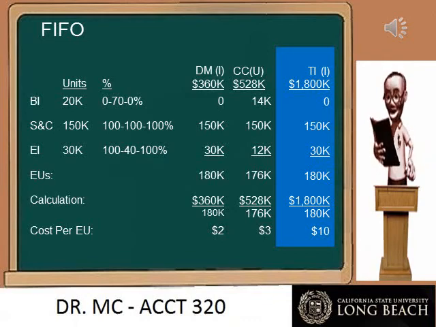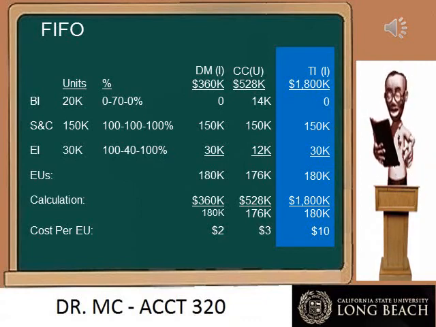The started and completed units as well as the ending inventory each get a 100% in these third percentages because they received 100% of these Department 1 costs as soon as they arrived in Department 2. The equivalent units in the transferred in column reflect these percentages. Beginning inventory has 20,000 units times 0%, which is 0 equivalent units.